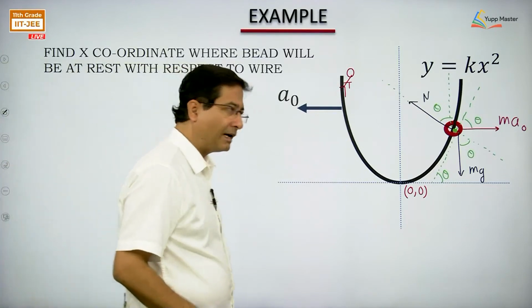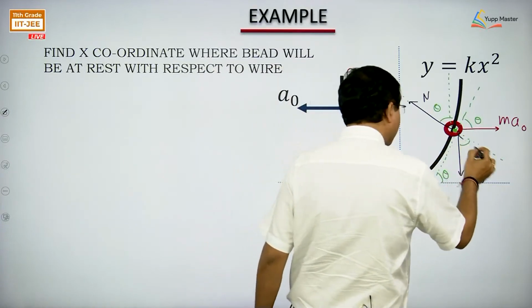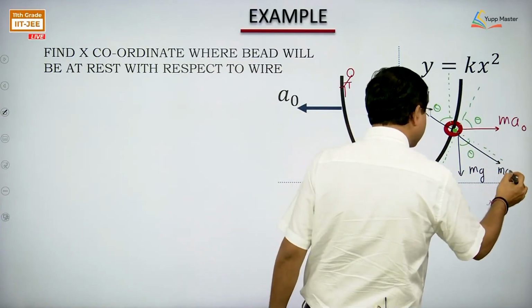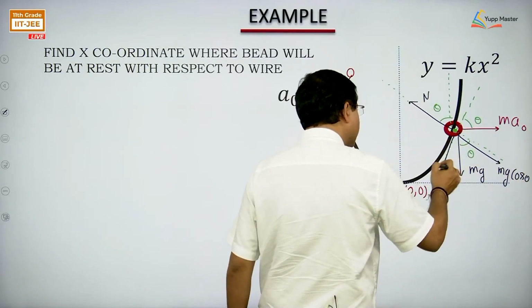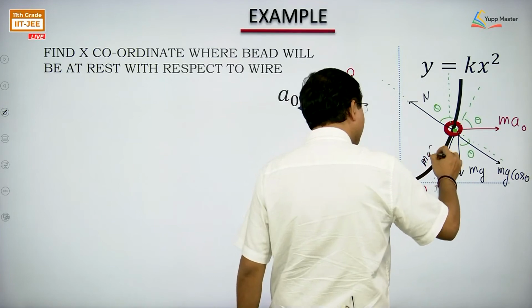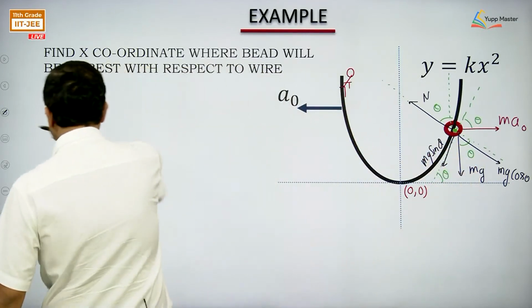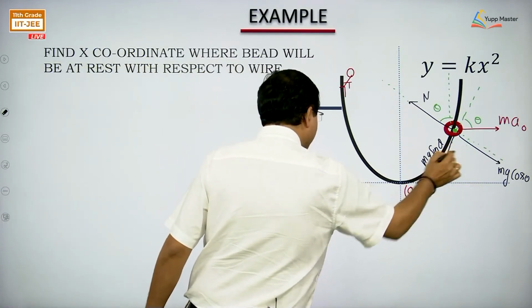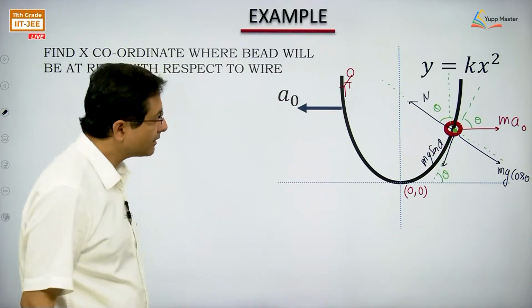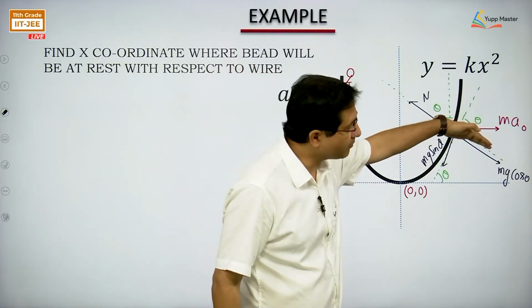So look at mg. mg will have two components, one in this direction, that is mg cos theta, and another in this direction, that is mg sin theta. So mg, I resolved the component, I'll remove mg. Okay, now mg is over. Then I can see this ma naught will have two components, along the tangent and perpendicular to the tangent.